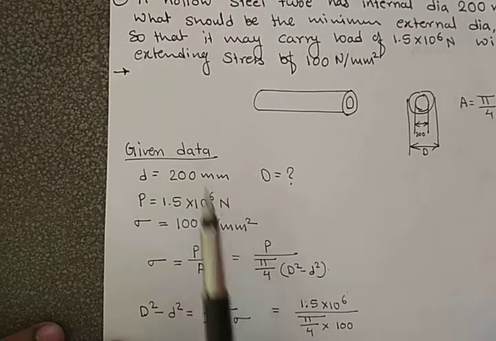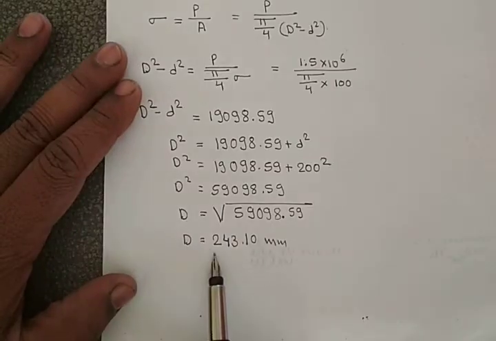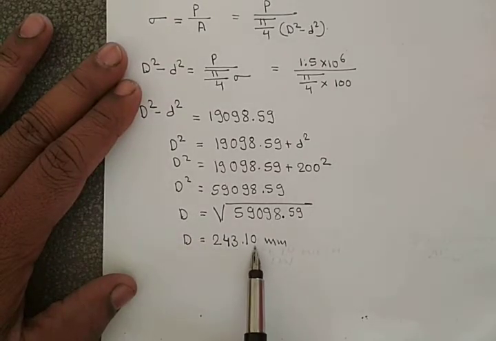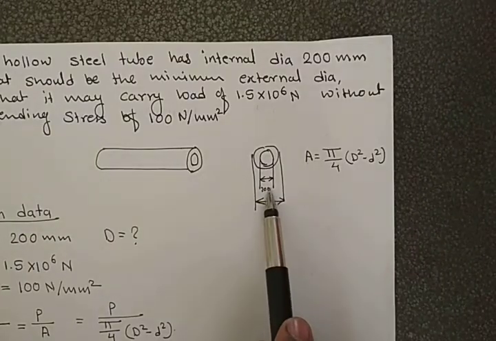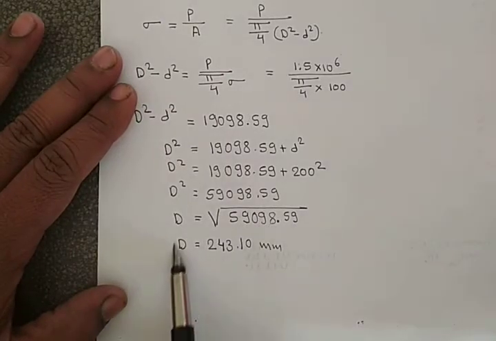That is 200 mm. And the external diameter is 243.10 mm. The external diameter is always greater than the internal diameter. Like this, you can cross verify your answer.